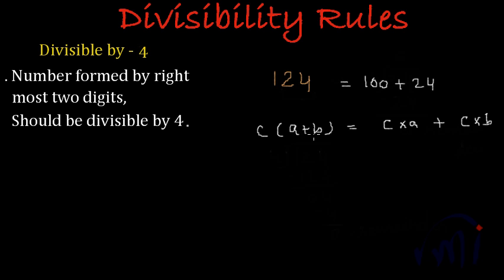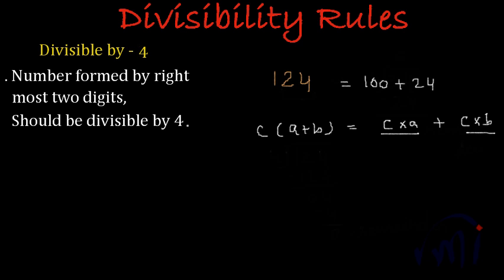That means either you can add a and b and then multiply by c, or you can multiply a by c and b by c separately and then add them, right?